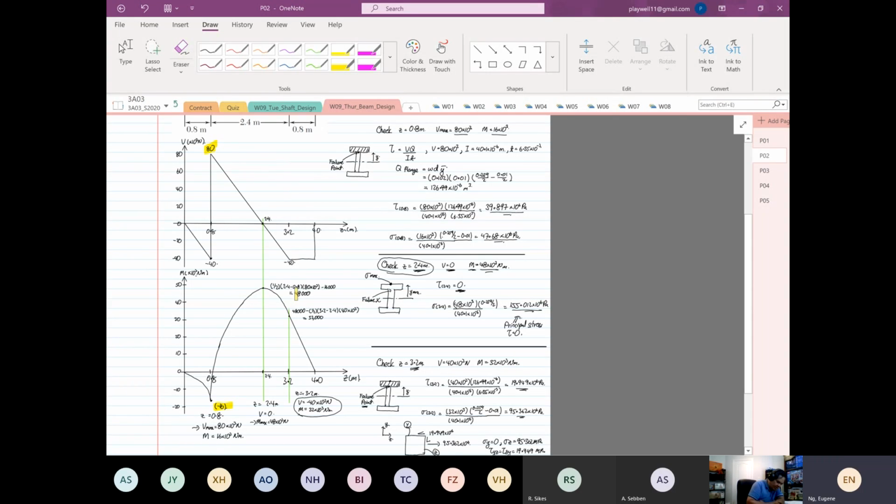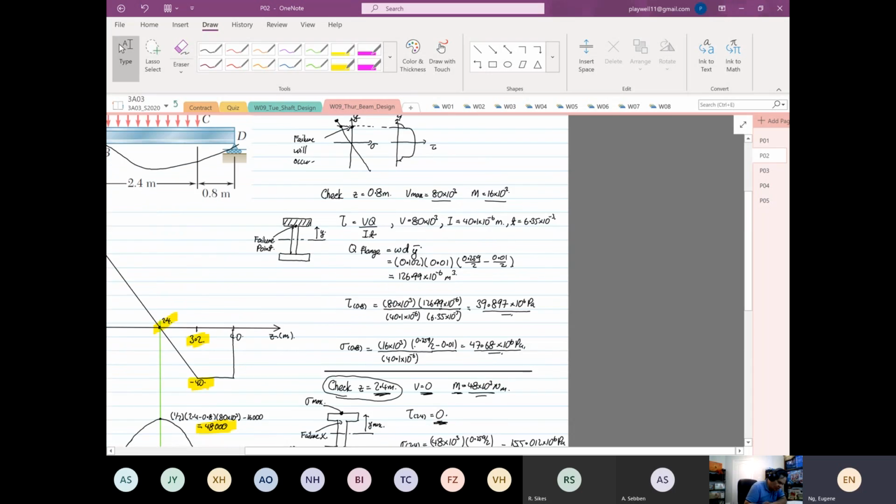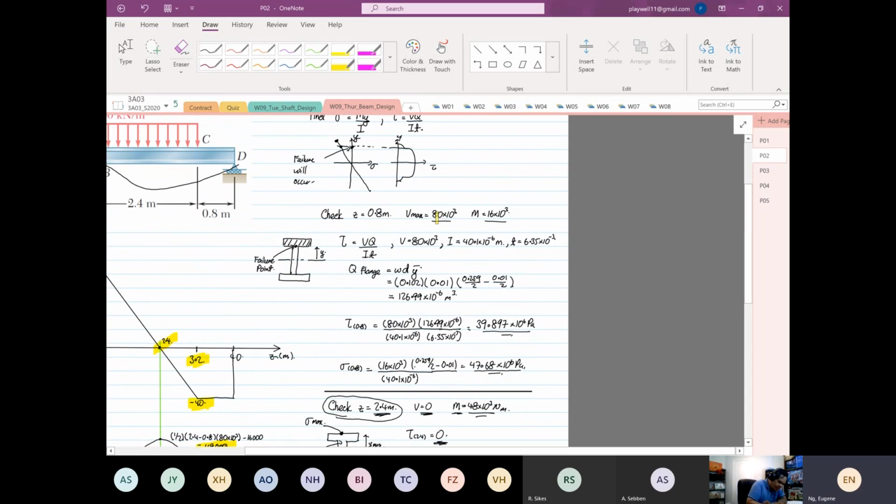Then you have to check at 2.4 because you have the highest moment, but your shear is equal to 0. And then you have to again check at 3.2 where you have a combination of 32 and minus 40 kilonewton. If you have a combination of normal stress and shear force and bending moment, the failure is going to be at the junction.